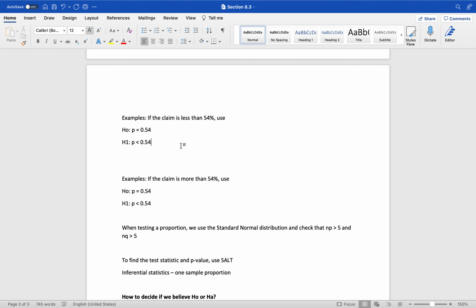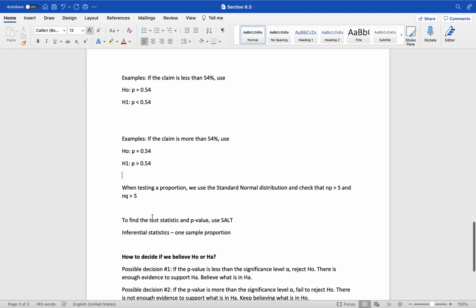We always change it to a decimal. If the claim is more than 54%, we use P is greater than 0.54. H0 always has the equal.